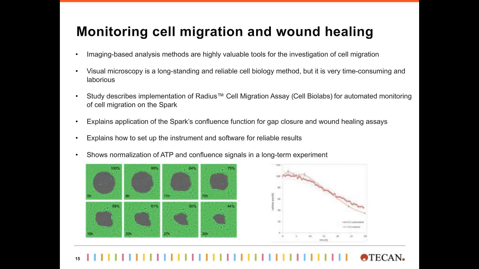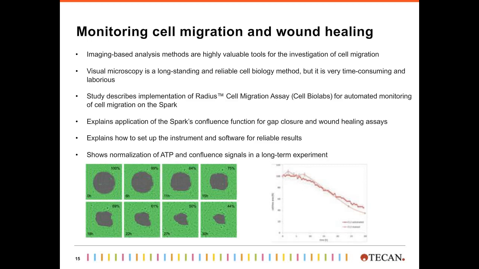And this we compared with the automated approach in our reader, where we again used the humidity cassette, the gas control, and temperature for the whole experimental period, and imaged the center of the well with our imaging function and used the inverse confluence value to plot migration.